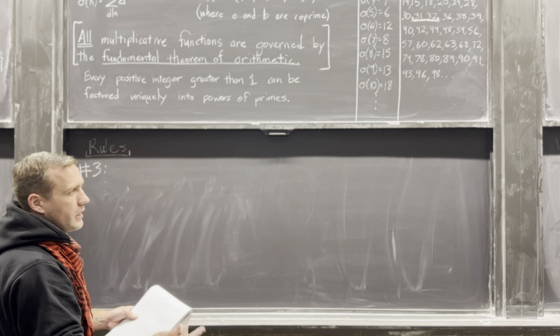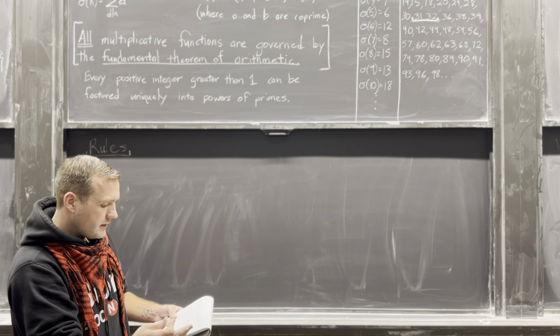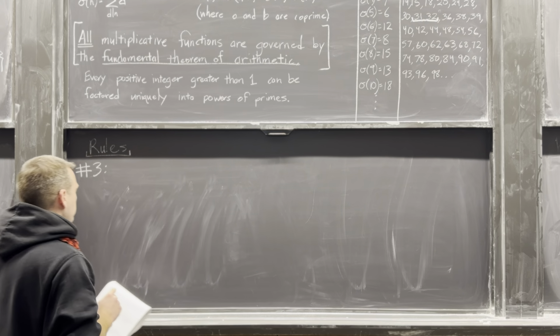And we saw both examples. 20 is a result of the prime number identity, and 40 is a result of prime powers.